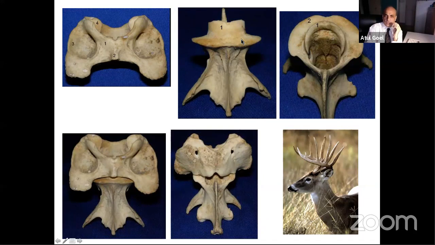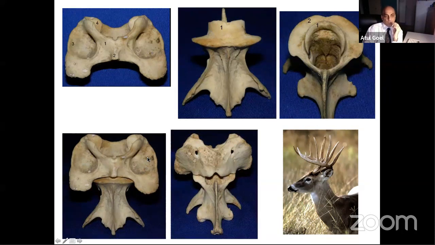You see the joint is not only lateral, but it is anterior, almost in a pattern of a semicircle. I hope you are getting to the point which I'm showing. This odontoid process is a signature odontoid process of herbivorous animals. The neck movement is quite big. It is not so much so in carnivorous animals.